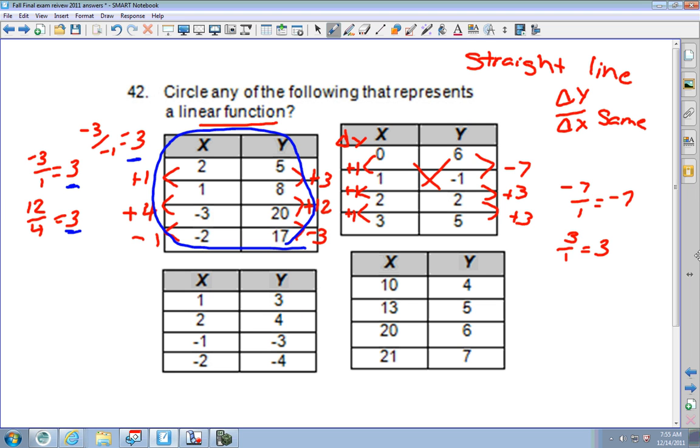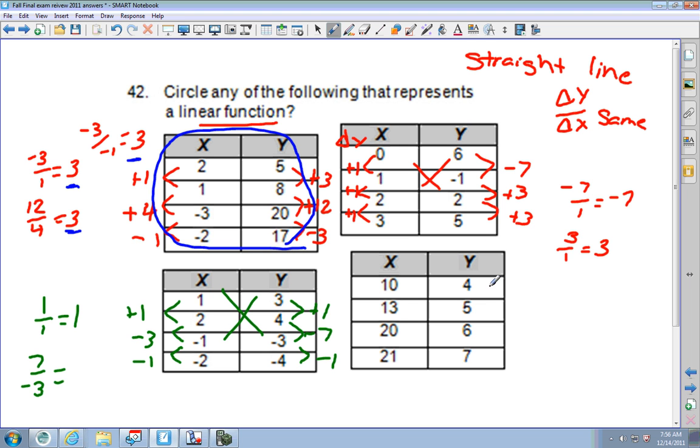Down here, this is plus 1, minus 7 and minus 1. This is plus 1, minus 3, minus 1. I have 1 over 1, which is 1. 7 over negative 3. Well, that does not equal 1, so this doesn't work either.